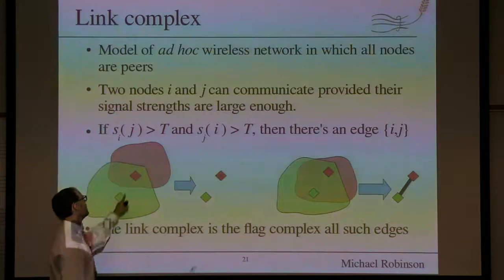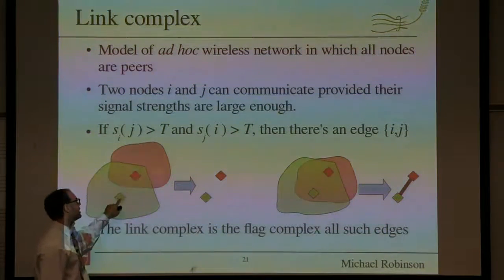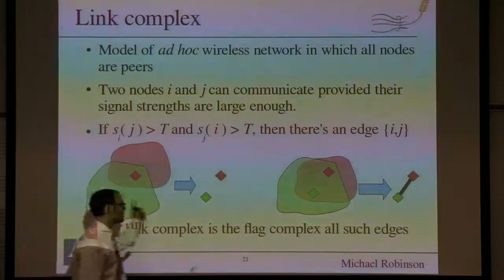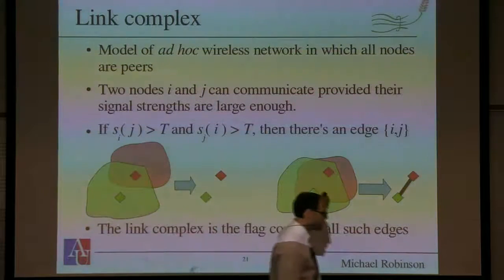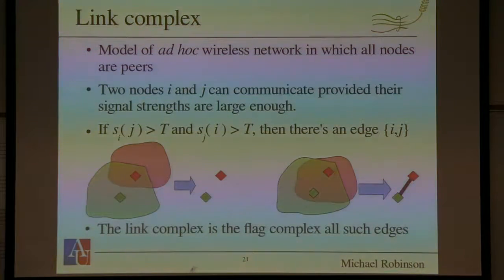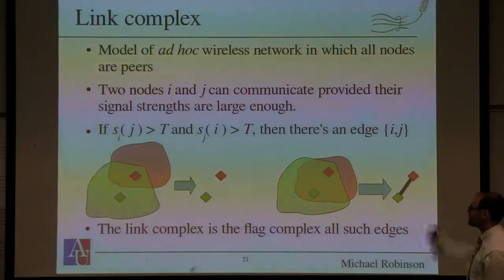So this green node lights up a region here, and the red node can hear it, but the red node lights up a region that the green node cannot hear. So these guys are not connected. On the other hand, these guys are connected because their areas have sufficient power, sufficient bit error rate, whatever you like, sufficient signal strength in some abstract setting, such that they can communicate.